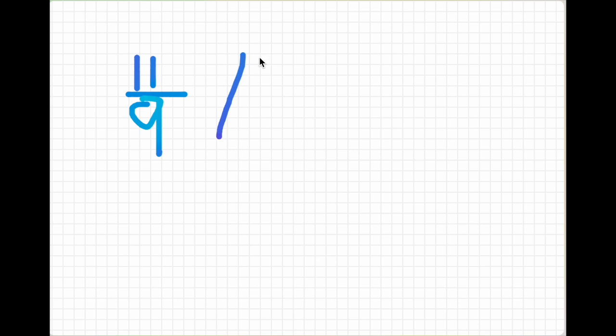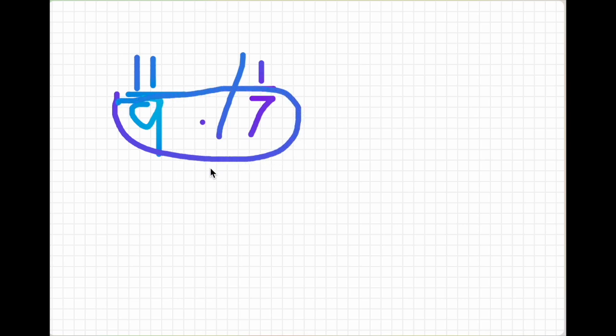So 11 over 9 divided by 1/7 turns into the denominator being 63. So 63 is going to be written under both of these.